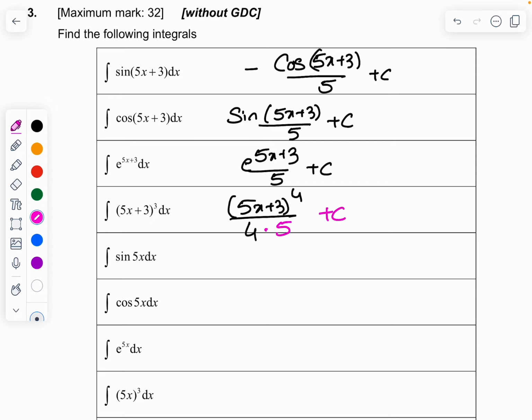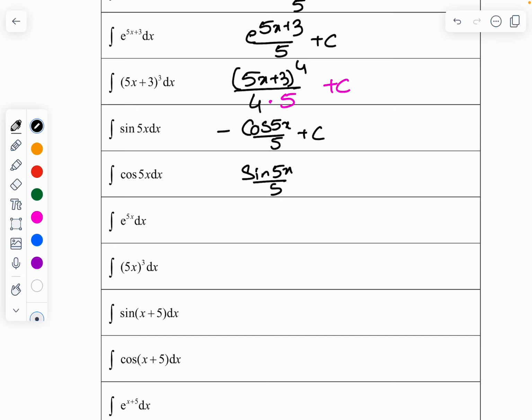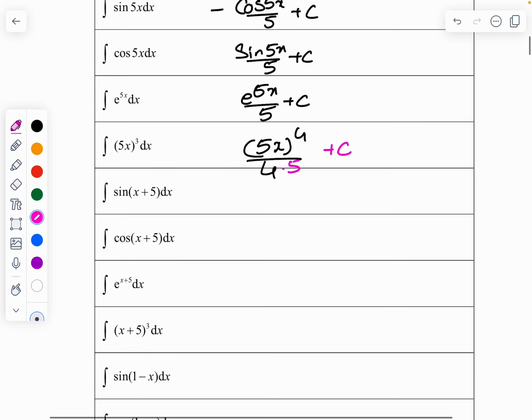Don't forget to write times 5. Then it becomes minus cosine 5x upon 5 plus c, sine 5x upon 5 plus c, e power 5x upon 5 plus c, 5x whole to the power of 4 upon 4 times 5 plus c.